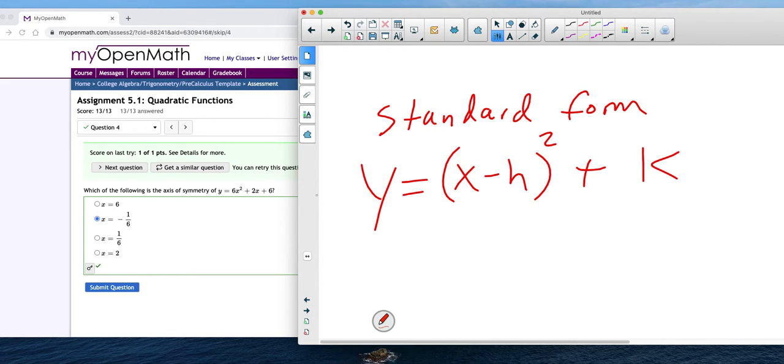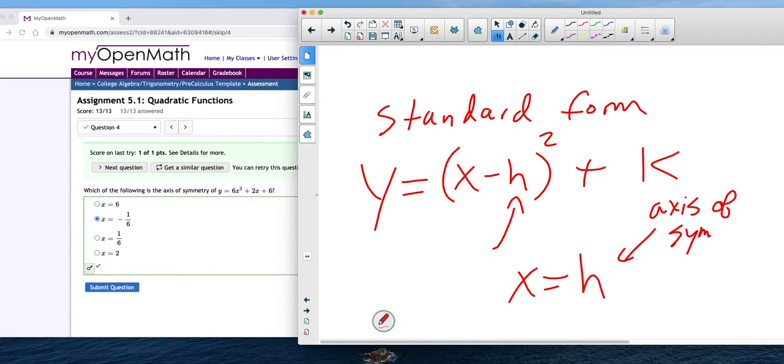Whatever h is, x equals h will be the axis of symmetry. So the first thing you need to do is change the equation they give us to this form by completing the square.